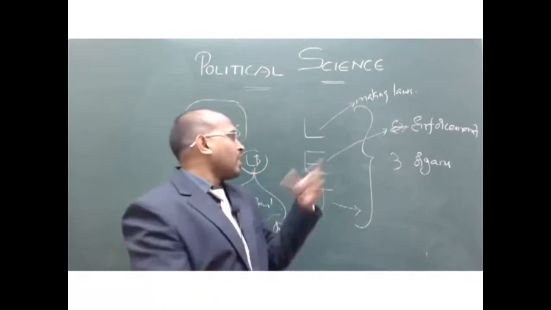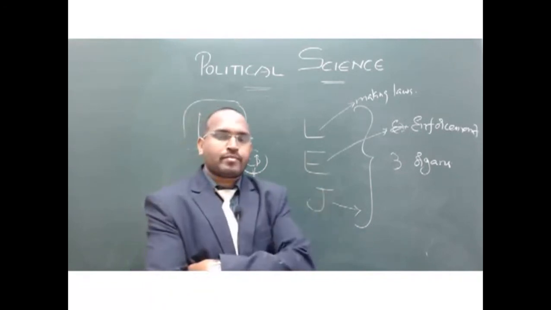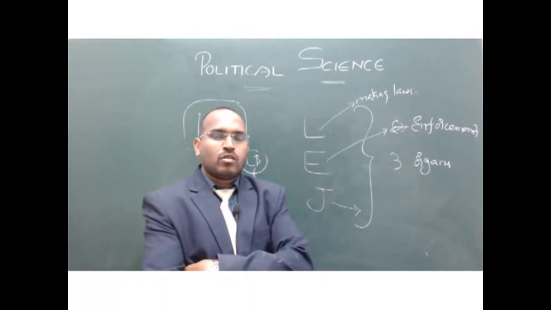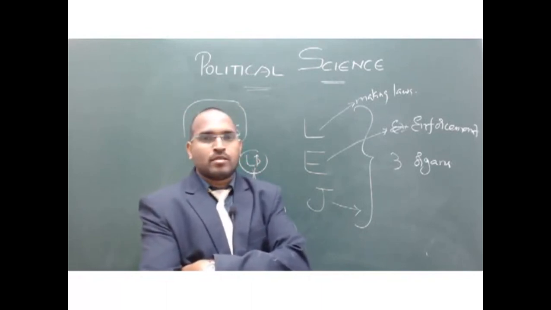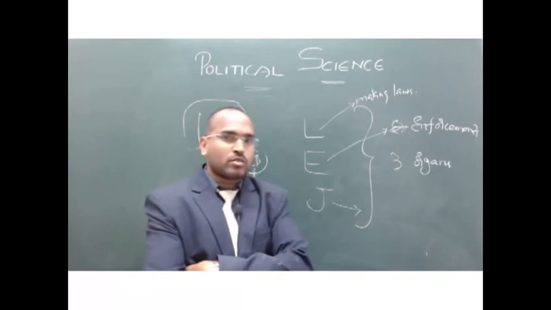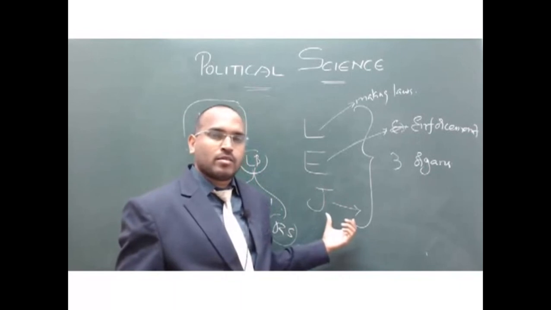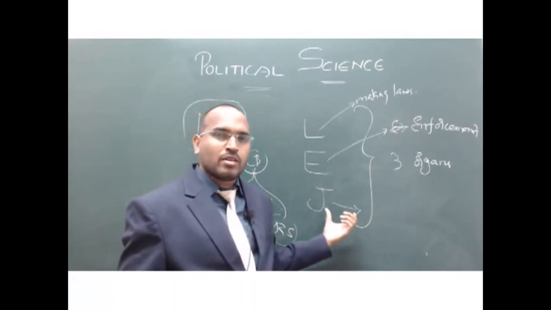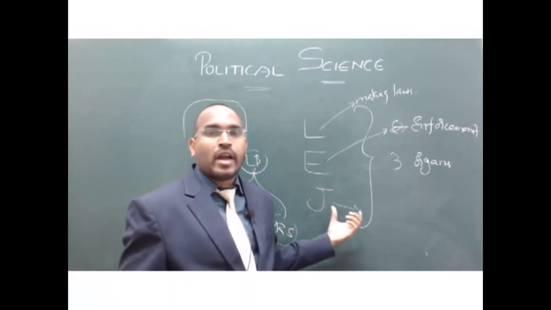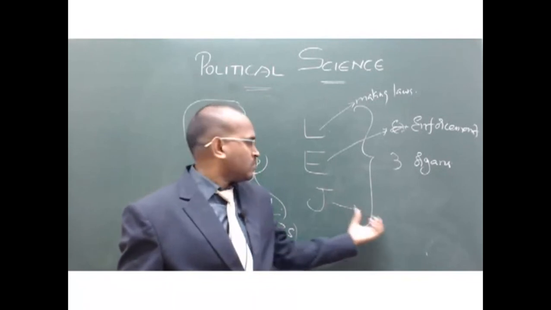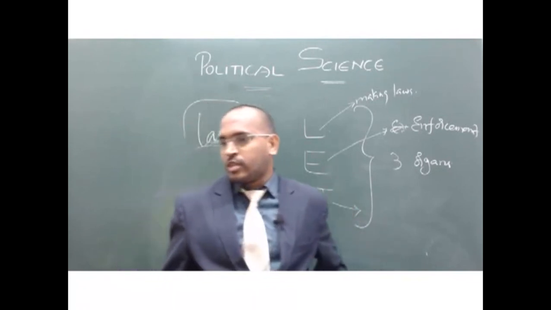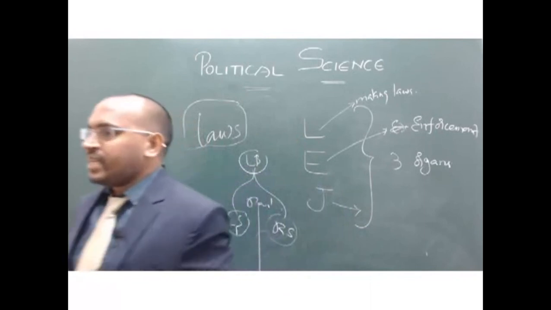It is nothing but the executive wing. If anything happens to those laws, then those laws will be protected by the courts. That is nothing but the judiciary. Adjudication of the laws is the duty of the judiciary. Is it clear?